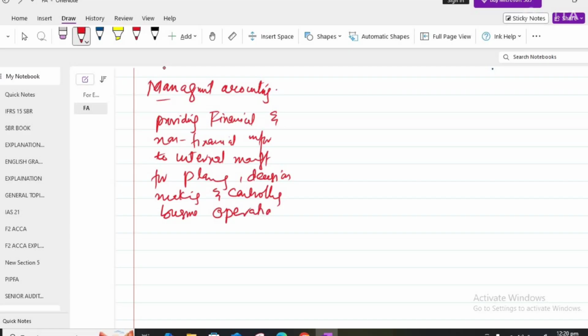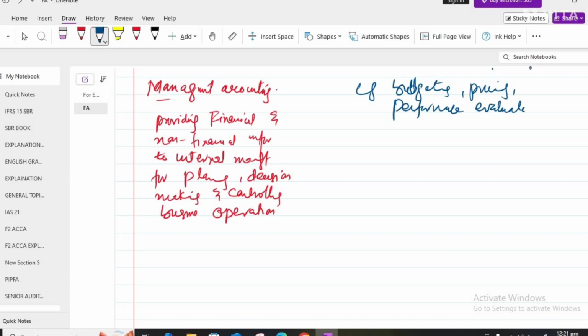Now we have studied that this provides data for internal decisions. For example, budgeting. For example, pricing, when they are trying to set the pricing or check the pricing. Performance evaluation. So management accounting is providing data for budgeting, pricing, and performance evaluation.